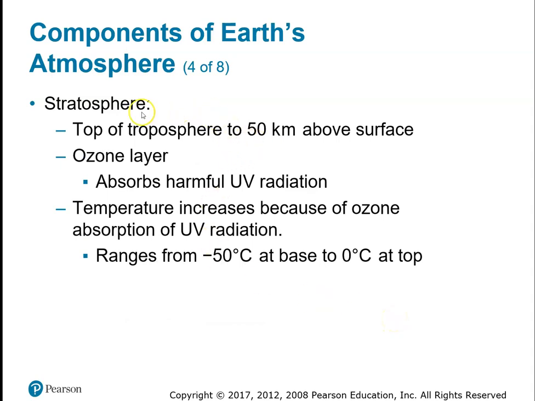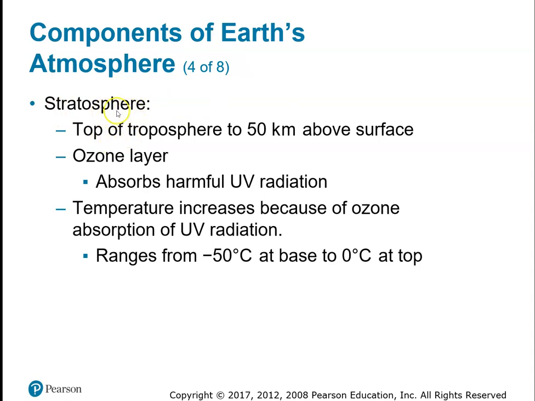All right, and then an interesting thing happens. Just the opposite. It begins to warm up, but it doesn't warm up in a nice cozy way. It goes from -50 to 0 in this next layer called the stratosphere. This is where you're going to find the ozone layer.